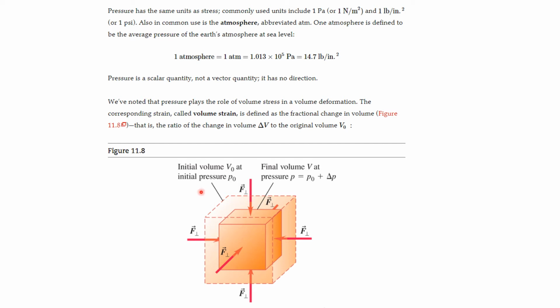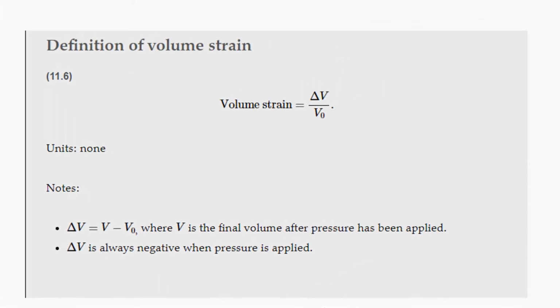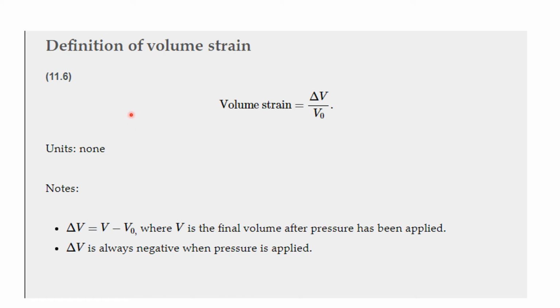And so what you have is an initial volume, V0, at initial pressure, P0, and a final volume, V, at the new pressure, which is P0 plus delta P. Delta P is the change in pressure. And we, in fact, define that ratio to be the volume strain. So it's delta V divided by V0.